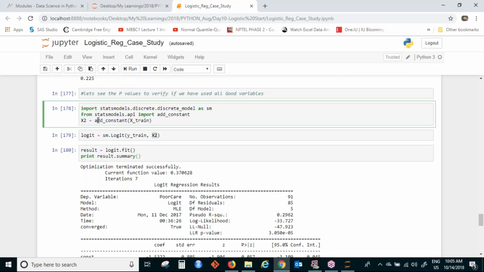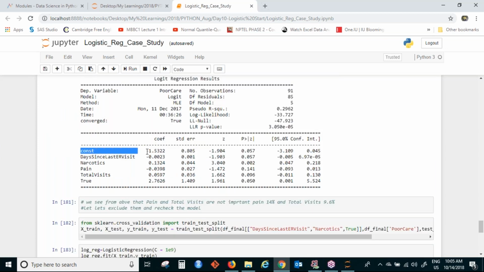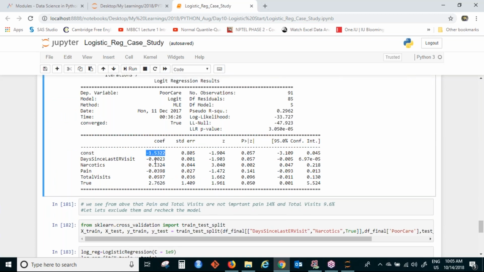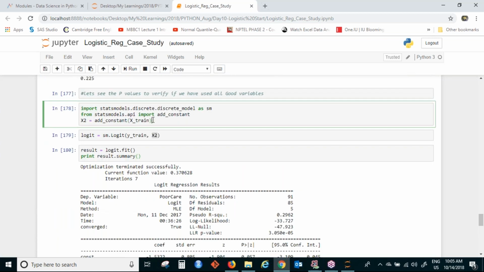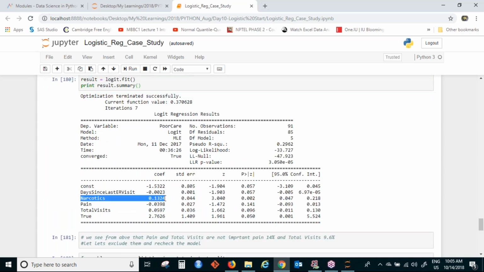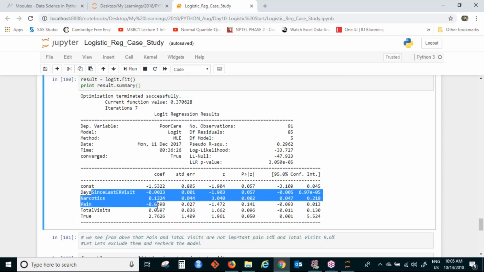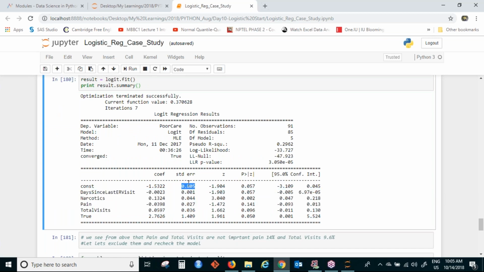This code, for example, is adding a constant. If I don't run this line, I will not get this constant in my model. This constant that I'm getting represents the constant that I'm adding here, and the other variables are just the coefficients for the other independent variables. This is the same standard error that we discussed. This is the z value. Remember the z test we talked about?